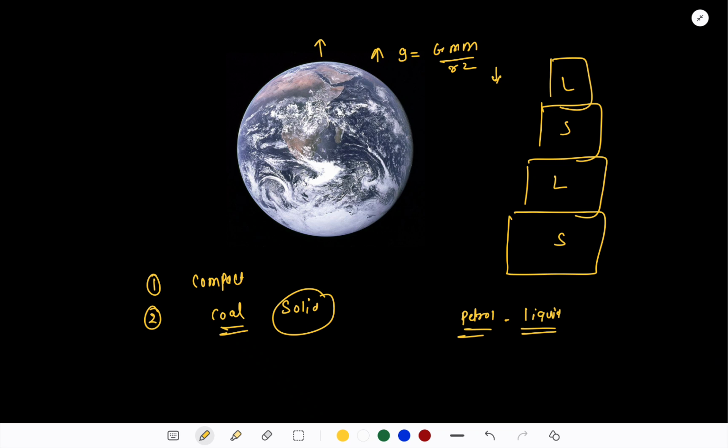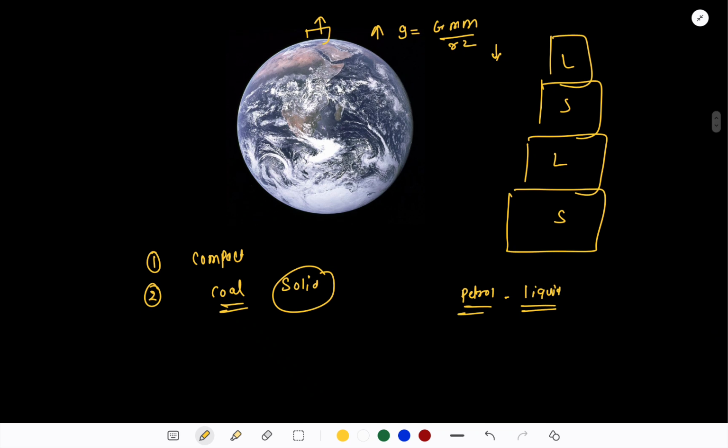But initially we don't need control. When we are launching the rocket from here, we don't need control, because we want it to fly with a lot of impulse. Hence we use solid fuel. For example, we carry fuel like HTPB, hydroxyl terminated polybutadiene.